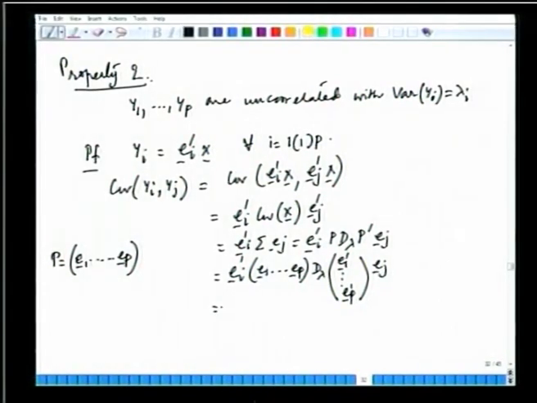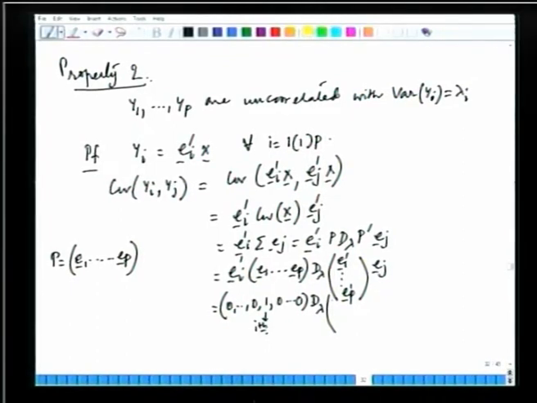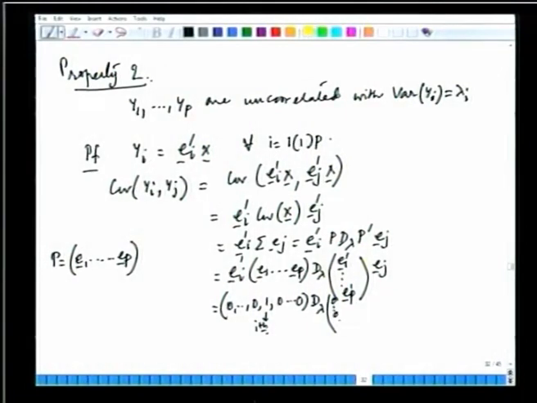Now since the ei's are orthonormal eigenvectors, I am only going to have a 1 in the ith position when this ei transpose combines with the ei here, so that is 1 in the ith position and 0 elsewhere, D lambda, and then again I have, and this is important, this is in the ith position whereas this is in the jth position.